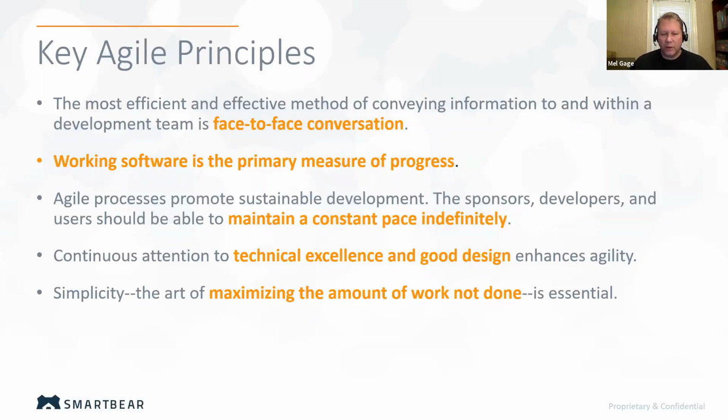But with continuous attention to technical excellence and good design, enhancing agility, and maximizing the amount of work not done, and keeping things simple is what Agile is all about. And we want to show you how Collaborator can fit right into your processes.